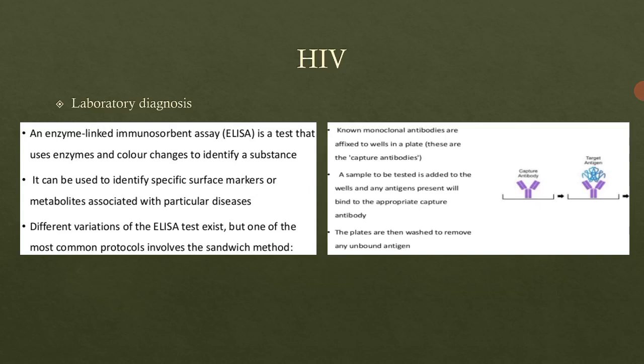So if the antigen binds to those known antibodies, the complex is positive, a color change will be observed, and depending upon that color change, the result can be concluded as positive or negative.